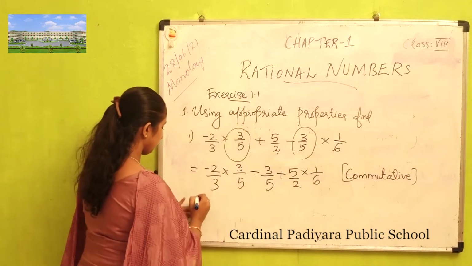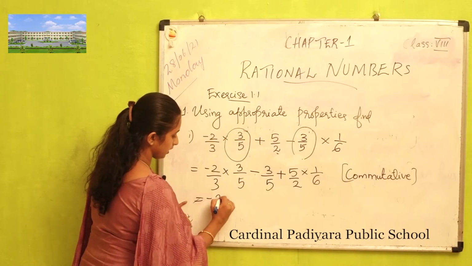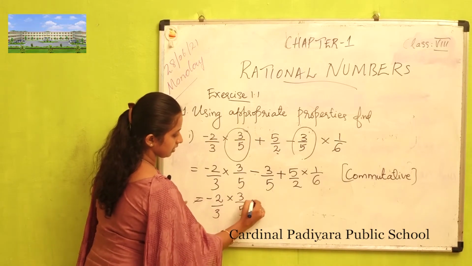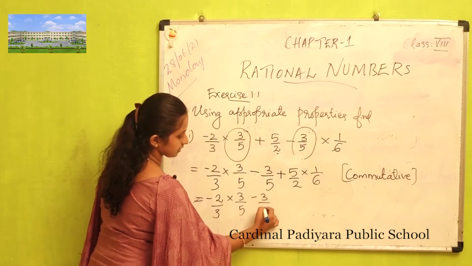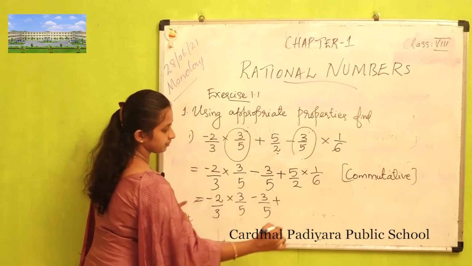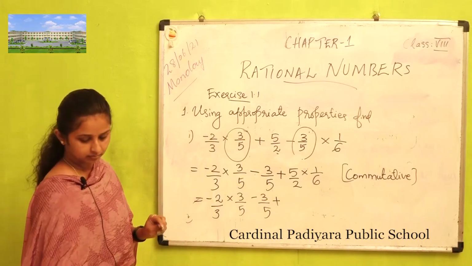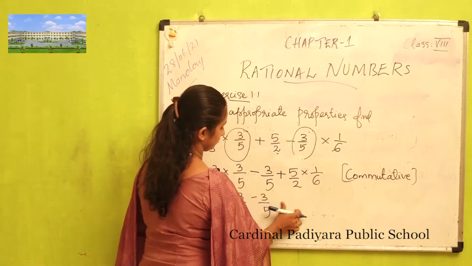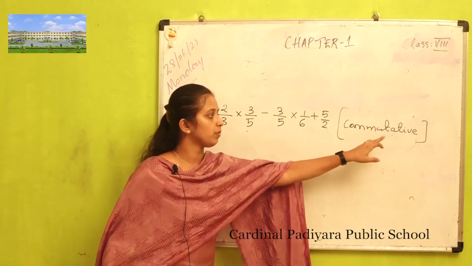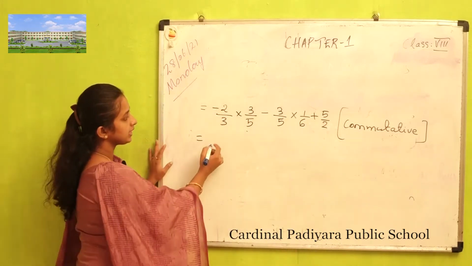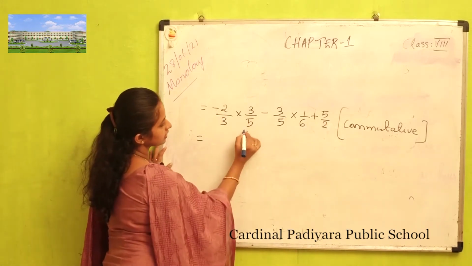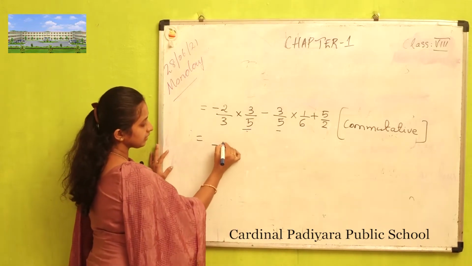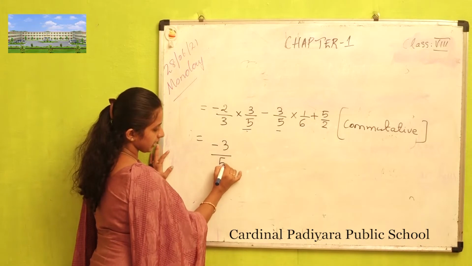In the next step, 2 by 3 as it is, 3 by 5 as it is, negative 3 by 5 as it is, plus. So we are using commutative property here. Now we are taking C. Here negative 3 by 5 is there, here also 3 by 5. So I am taking negative 3 by 5 outside as common.